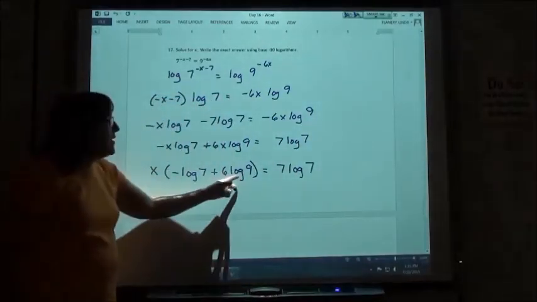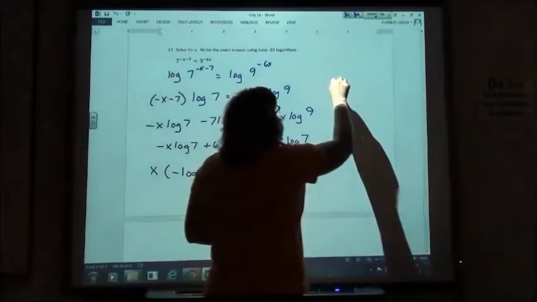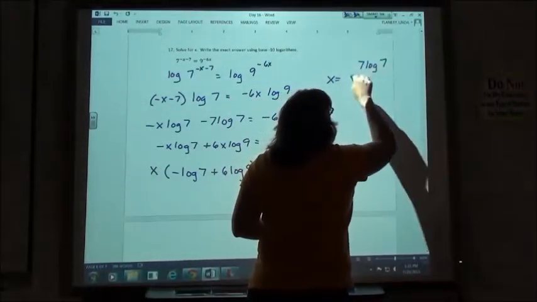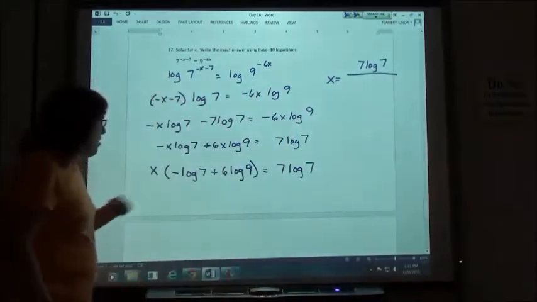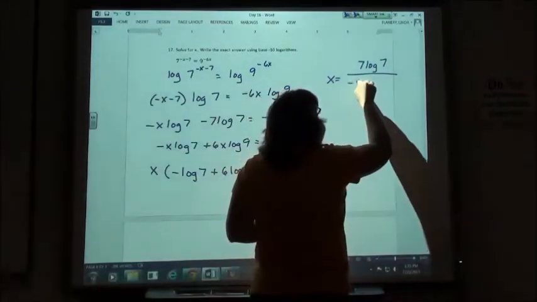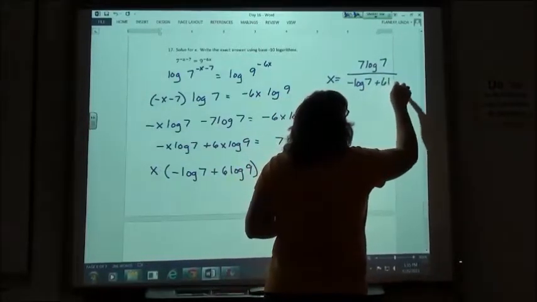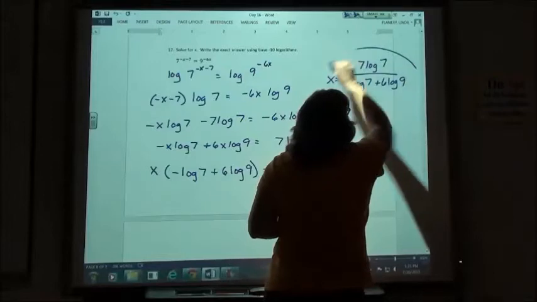I can then go ahead and divide. So x is going to equal 7 log of 7 divided by all of the stuff here, negative log of 7 plus 6 log of 9.